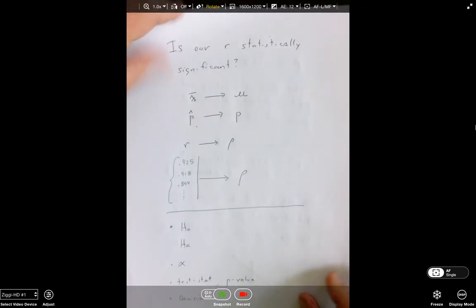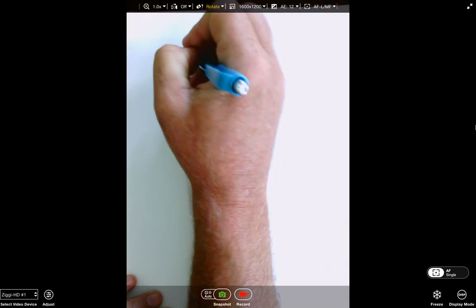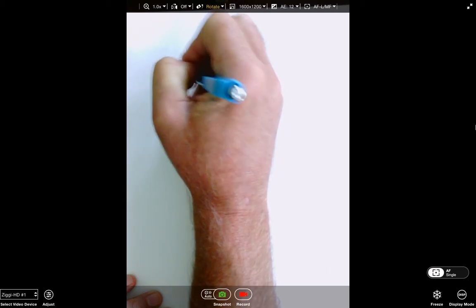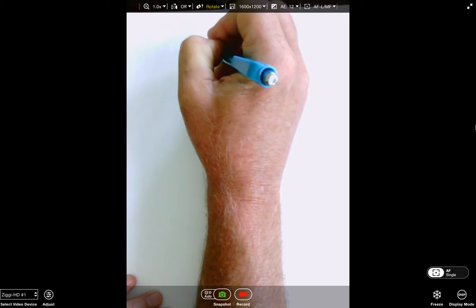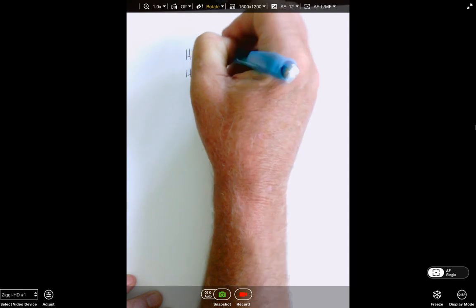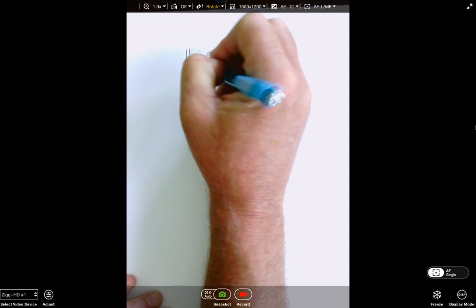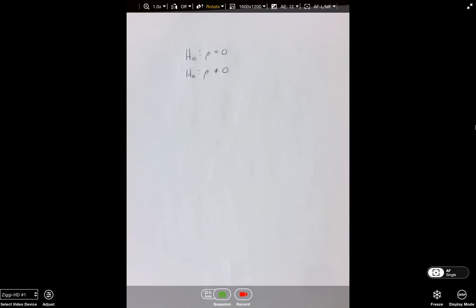All right. So is our R statistically significant for this problem? Your null and alternative hypothesis for this problem will always be H sub O colon rho equals 0, H sub A colon rho not equal 0.